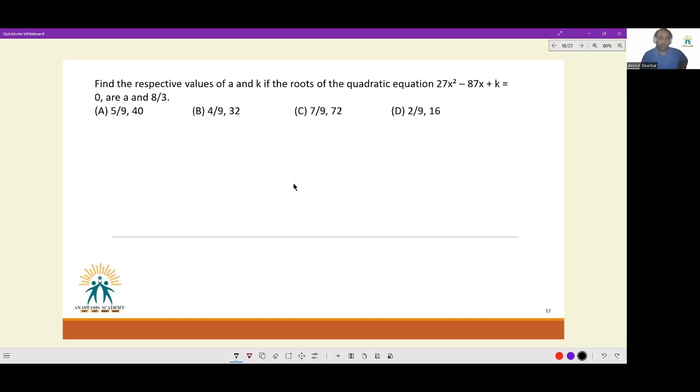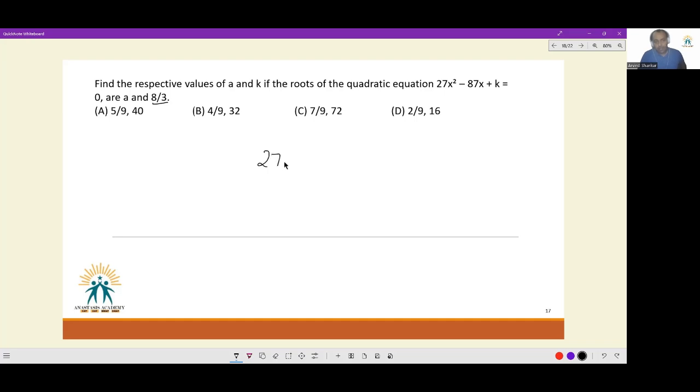Okay, next. Find the respective values of a and k if the roots of the quadratic equation 27x square minus 87x plus k are a and 8 by 3. Okay, I have been given one of the roots. Let me just put that down here.